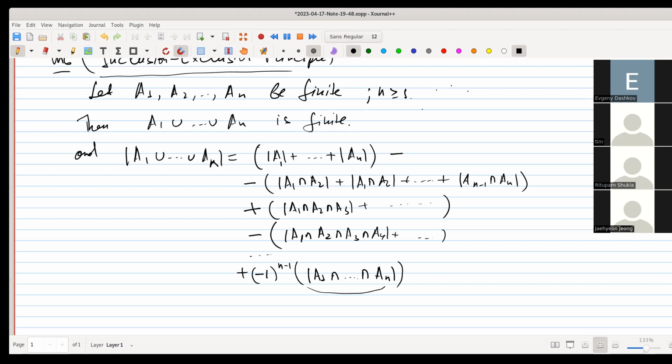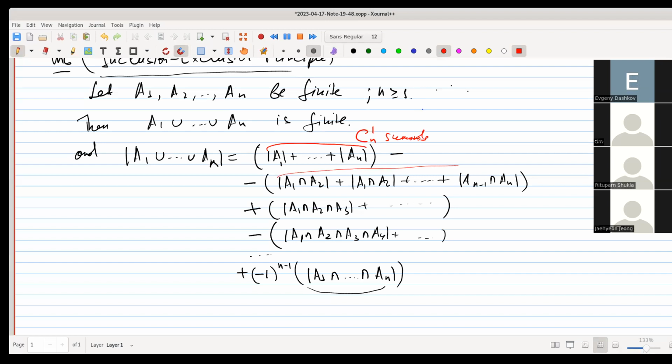Yes. But how many summands do we have? Look, how many summands do we have here? This is the number of ways to take one set out of n. So it is n choose 1 summands. Is it clear? Yes, it is.